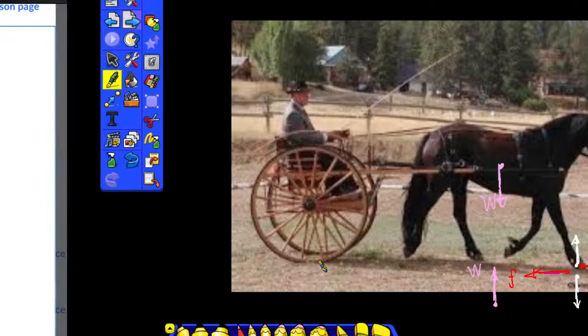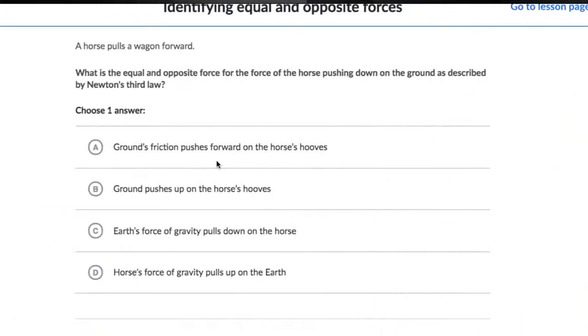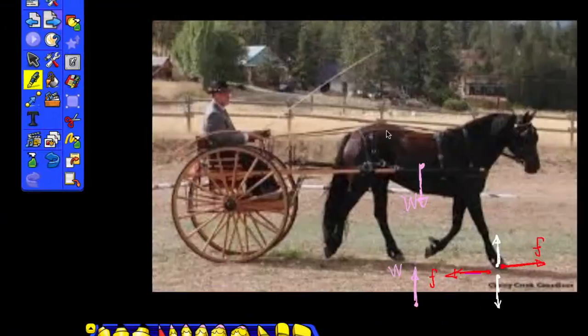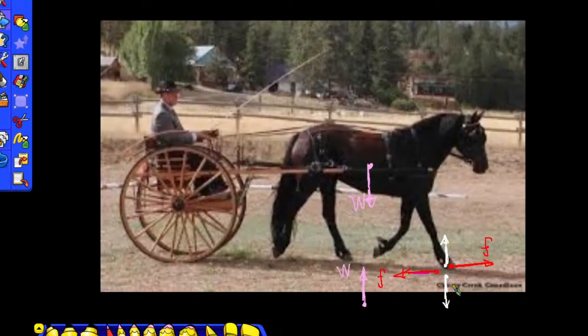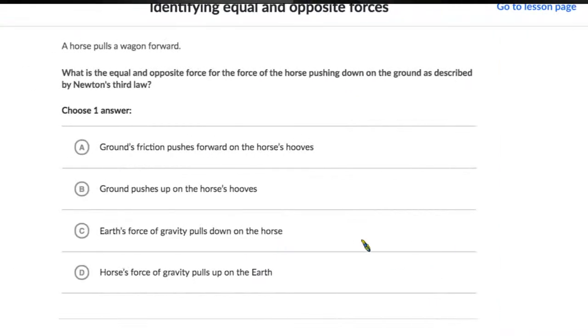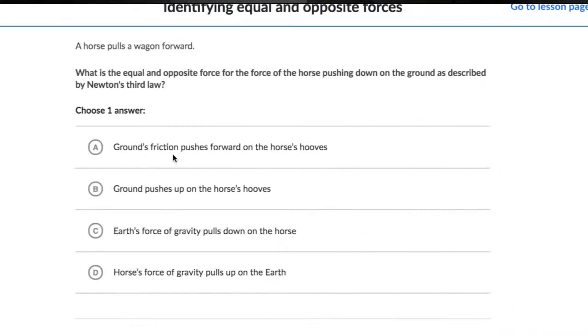Now please answer this. What is the equal and opposite force for the force of the horse pushing down? This downward force is acting on the earth. Then ground friction is not equal. This is not pushing down. The ground pushes up the horse hooves.